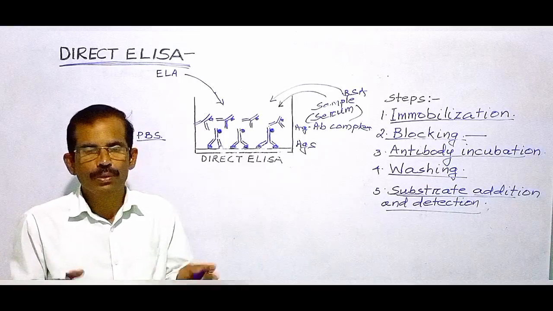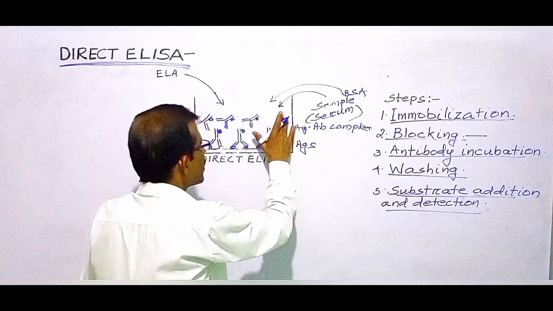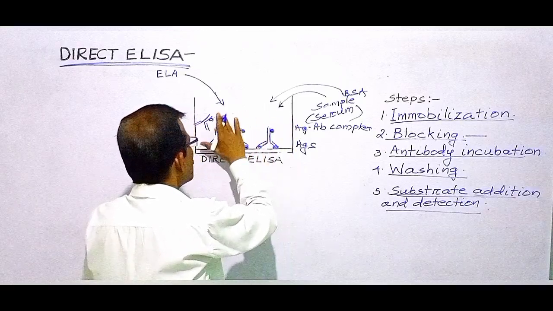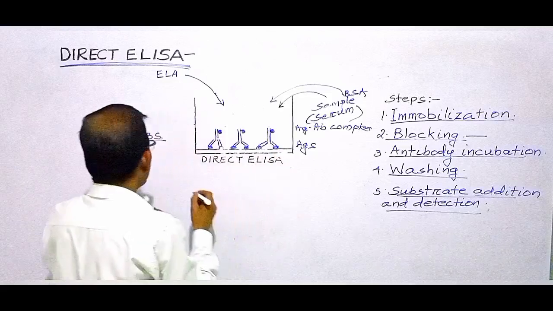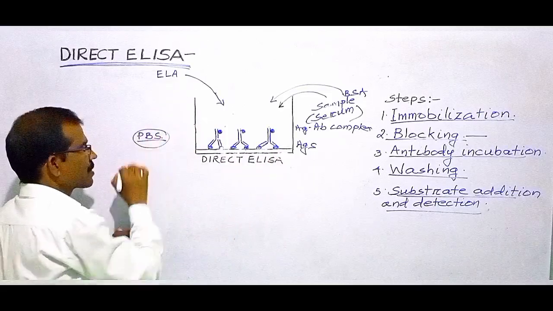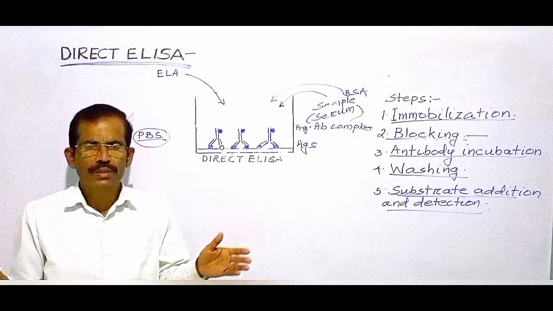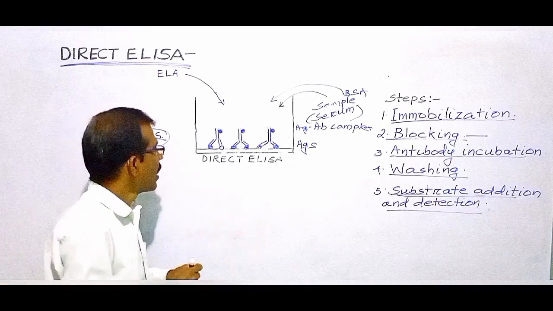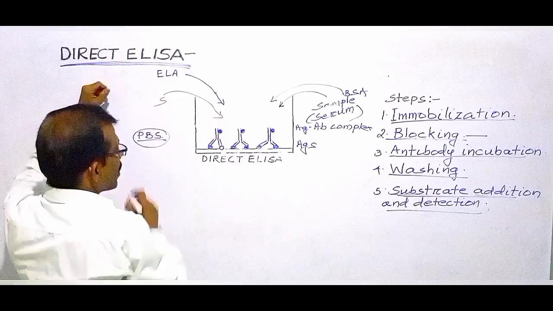So in order to get an accurate result, all such unbound antibodies are removed from the wells by washing the plate with phosphate buffer saline. After all unbound antibodies are washed off, a chromogenic substrate is added to the well.